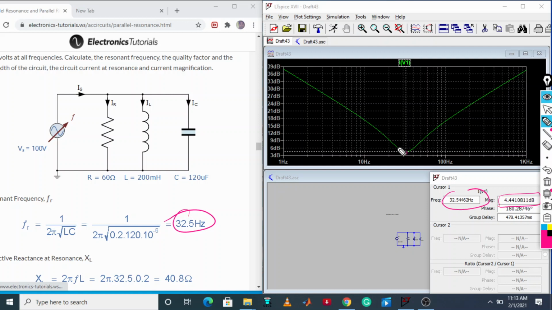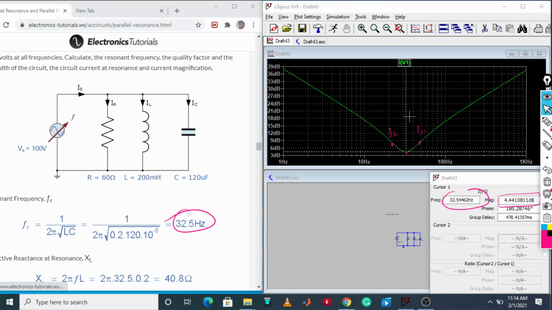Now we need the 3 dB cutoff. If you add 4.44 plus 3 dB, that means 7.44, you will get FL, and around this one you are going to get FH. This will give you FL and this will give you FH. Now if I move my cursor, let me see where I am going to get the 7.44, because 3 dB above means the value will increase.